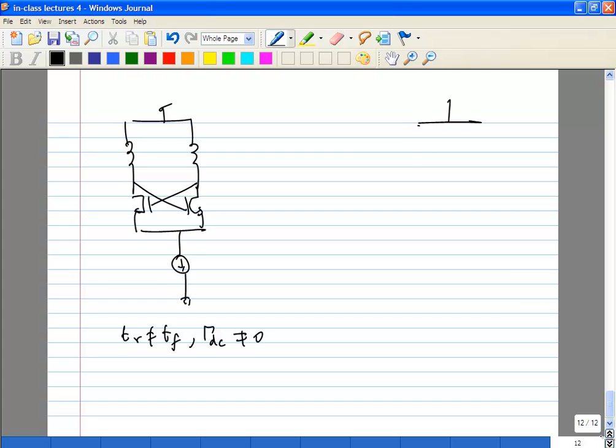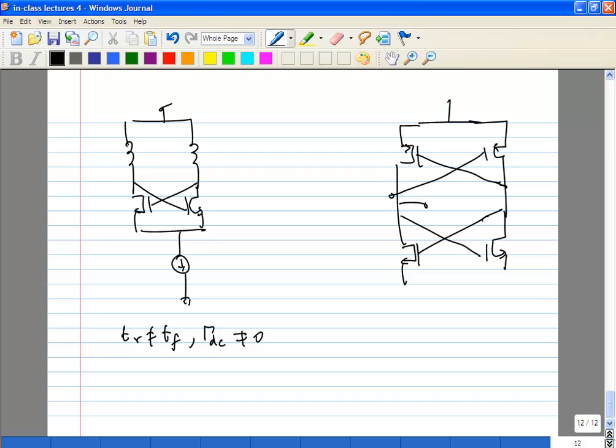However, if you go for this topology, the complementary topology, you can size WP and WN such that you can get very symmetrical rise and fall times, and you can try to make gamma DC very, very small.